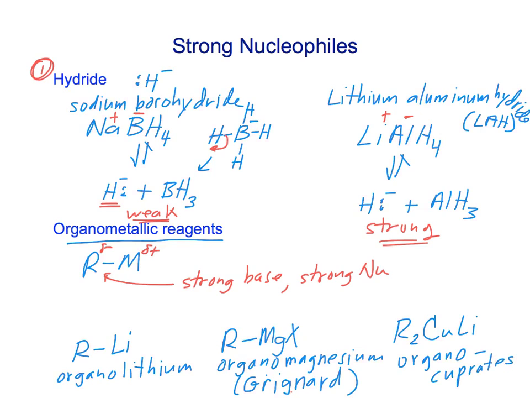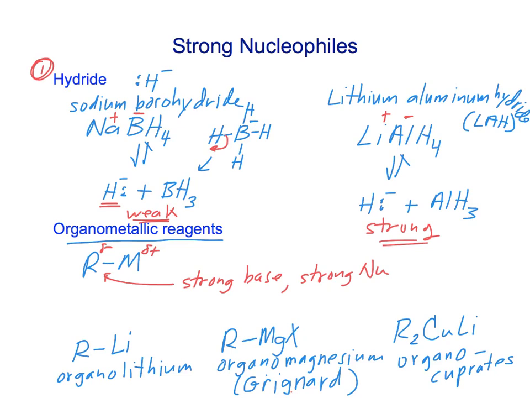The organolithiums and the Grignard reagents are going to behave almost the same. These are very strongly basic, very good nucleophiles. I'll oftentimes draw the reaction for one or the other, but in most cases we can use either.